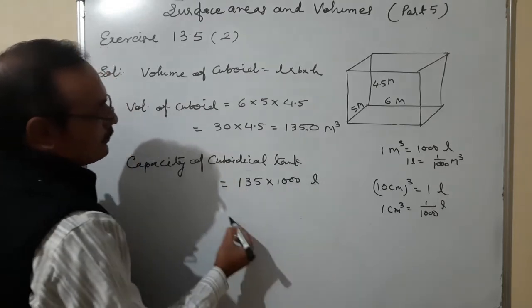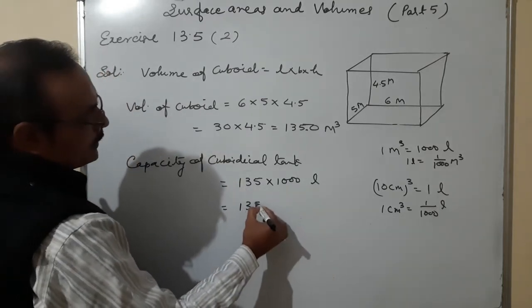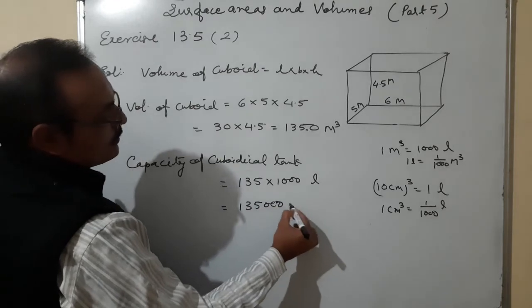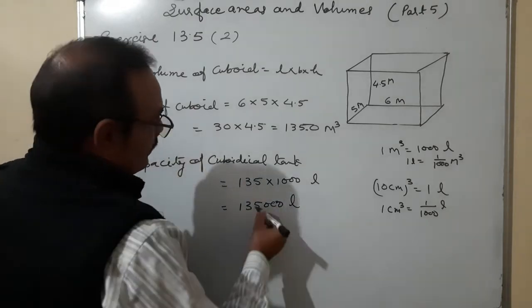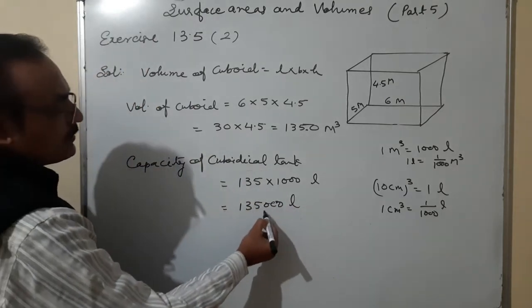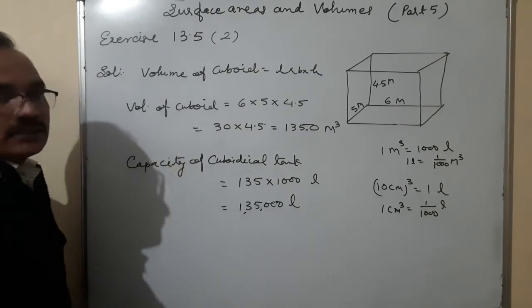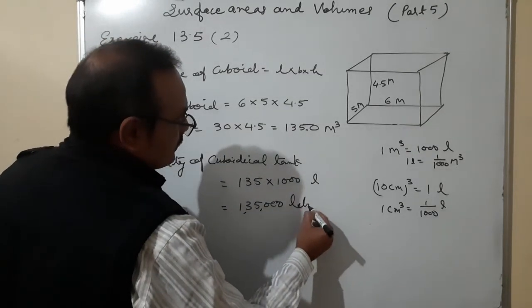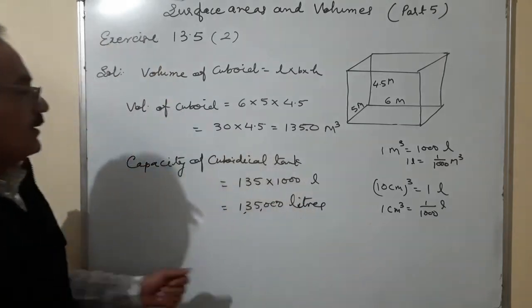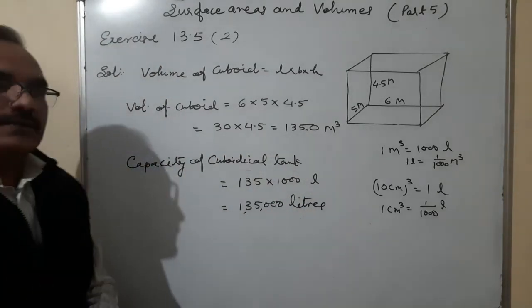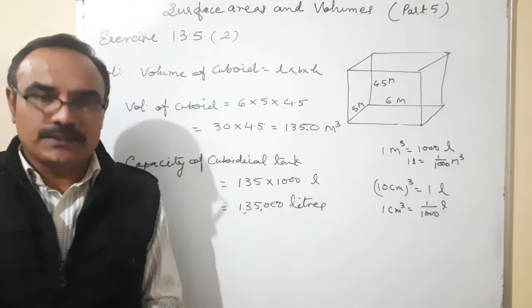So it comes in the form of liter: 135,000 liter. Okay. This is the way by which you can convert from volume to capacity.